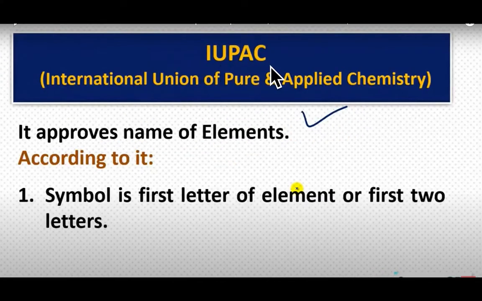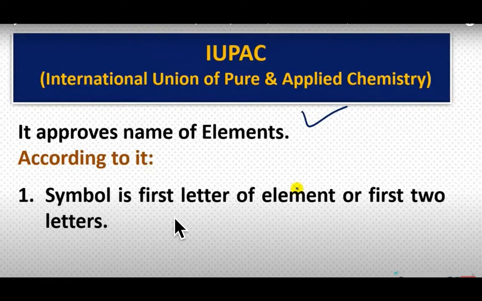IUPAC, the International Union of Pure and Applied Chemistry, approves the symbols as the names of elements. This is the standard for the whole world. For example, the symbol of hydrogen is H, so it is taken as H everywhere, either India, US, China, everywhere.